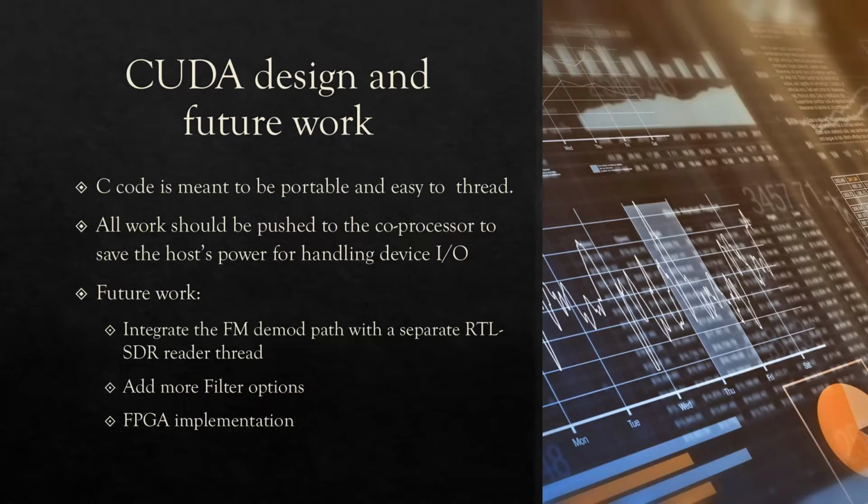So I didn't focus on implementing that part. I just made it so that the C code could be shifted to another thread, and all of the complex DSP coprocessor work should be done on the GPU, so the host processor has time to handle the device I/O. If I had a chance to integrate, I would do that, with an RTL-SDR reader thread, so you could be passing in work constantly to this CUDA object.